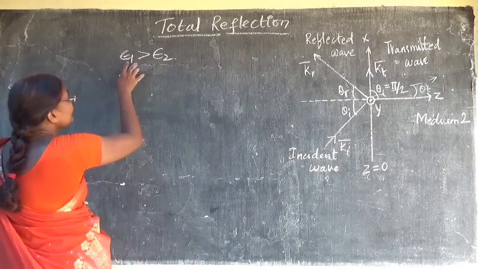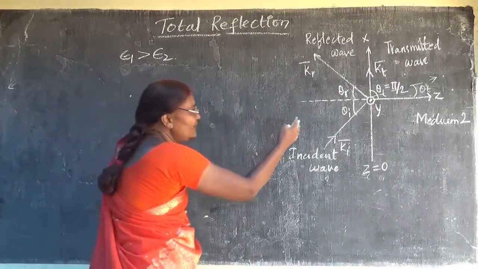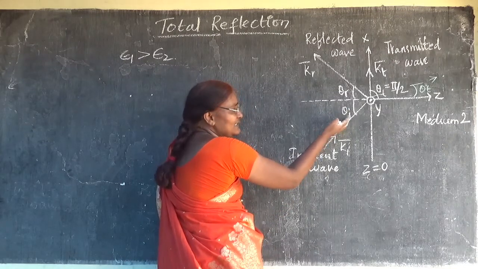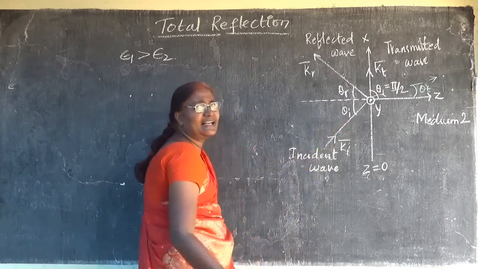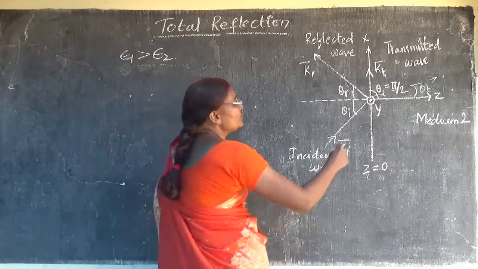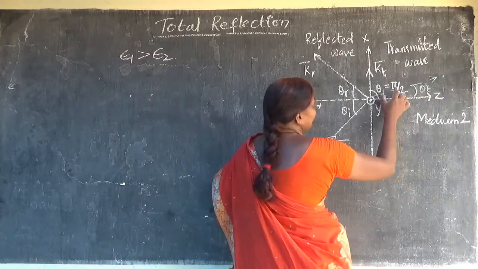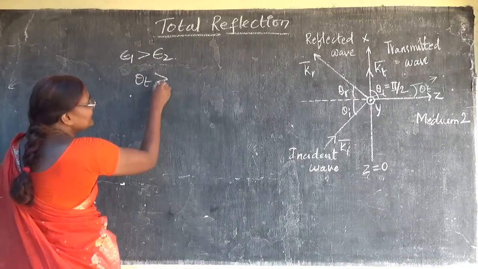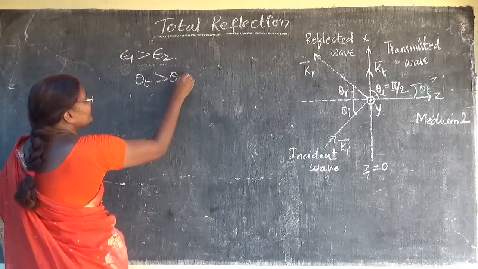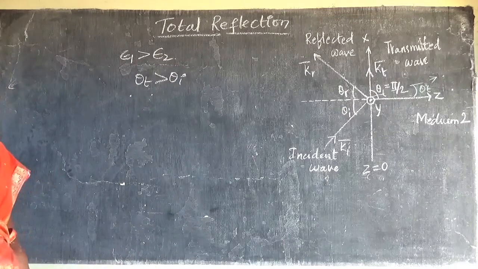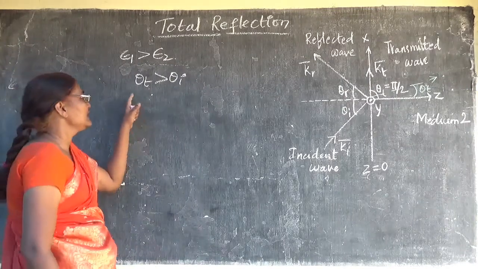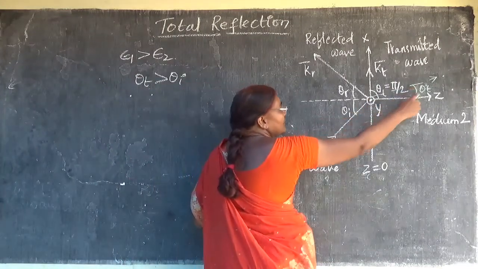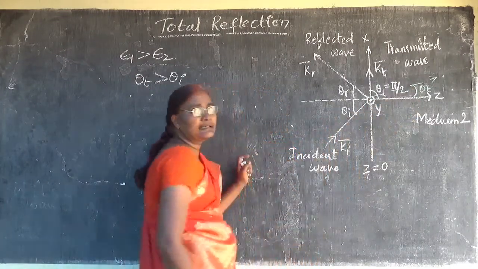If this medium is denser and you vary this angle slightly, then your theta t will be greater than theta I. So if epsilon 1 is greater than epsilon 2, theta t is greater than theta I.